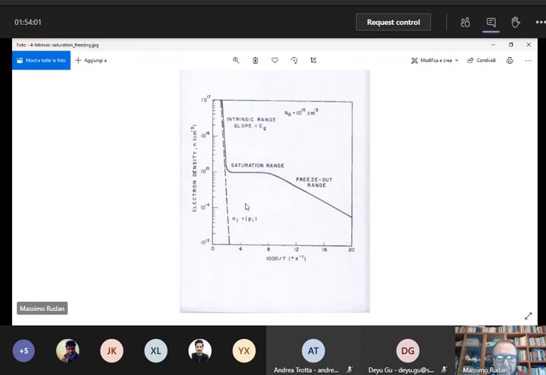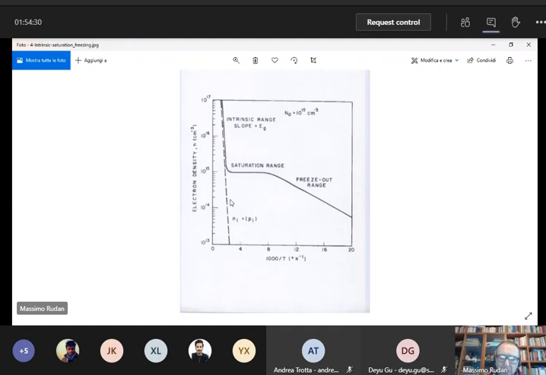But if you keep increasing the temperature, so you go to the left in this diagram, silicon will continue to produce electron-hole pairs. And if you remember the Arrhenius plot of the intrinsic silicon, when you reach about 1000 Kelvin, the intrinsic concentration is 10 to the 18th.